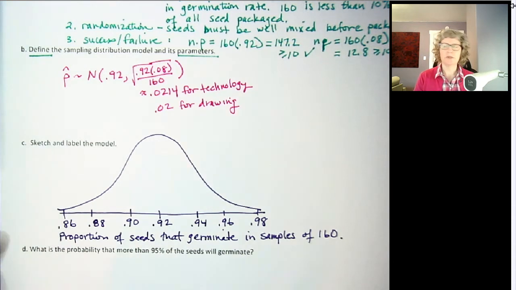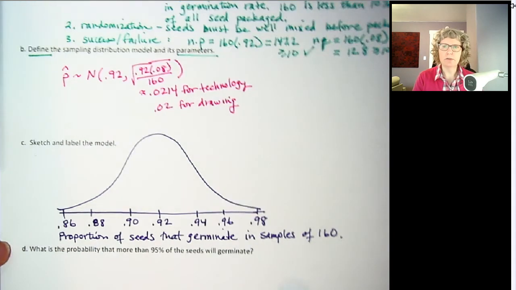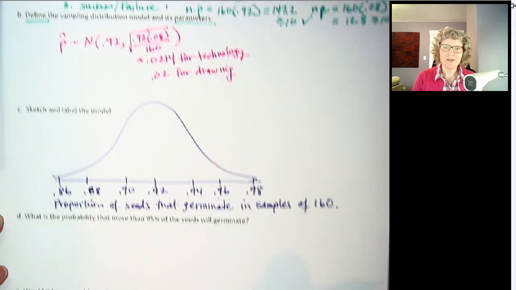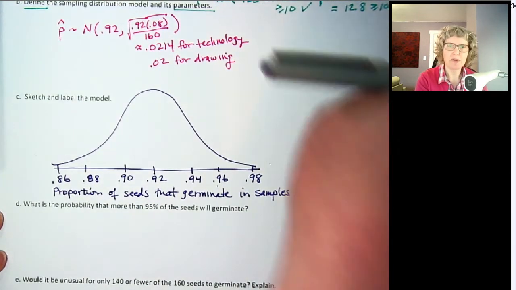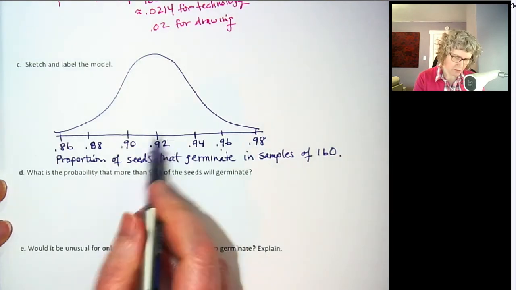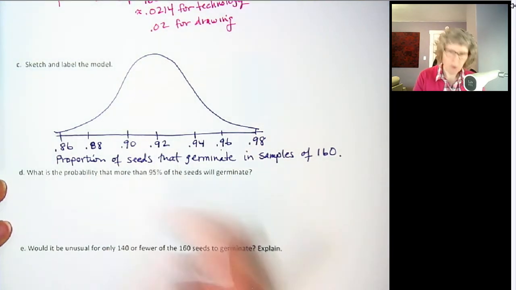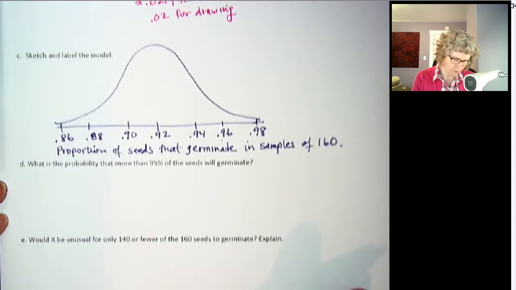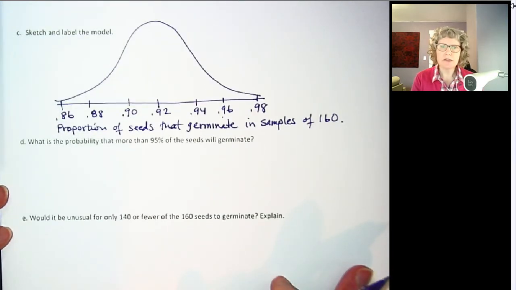Okay, so if you take your whole seed packet, plant it, that's your sample. Okay, so that is our model. Pretty cool, right? Those are all of our random samples that are possible, essentially, if our population proportion is 0.92 and our sample size is 160.